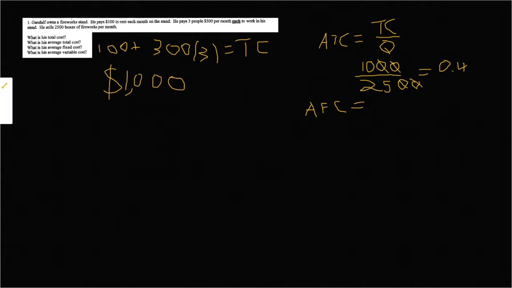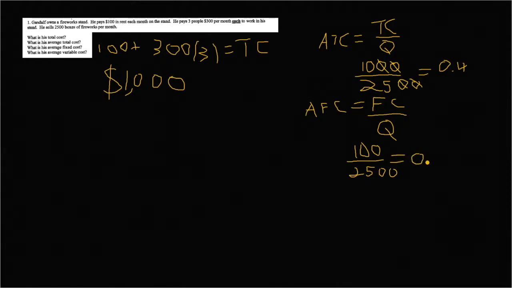So we're going to say fixed cost, FC, divided by Q, which is going to be 100 divided by 2,500, because that's the quantity sold, because it says that right here, which is going to be 0.04.